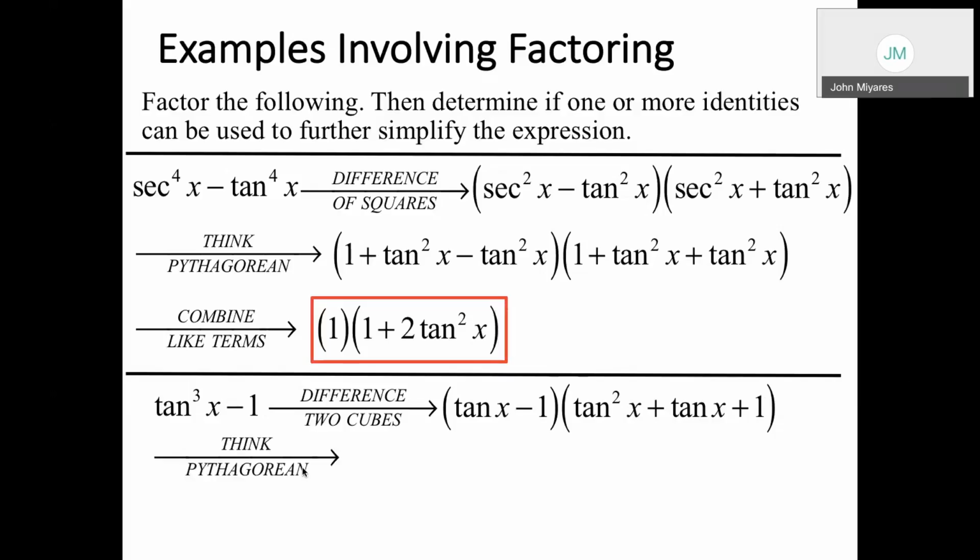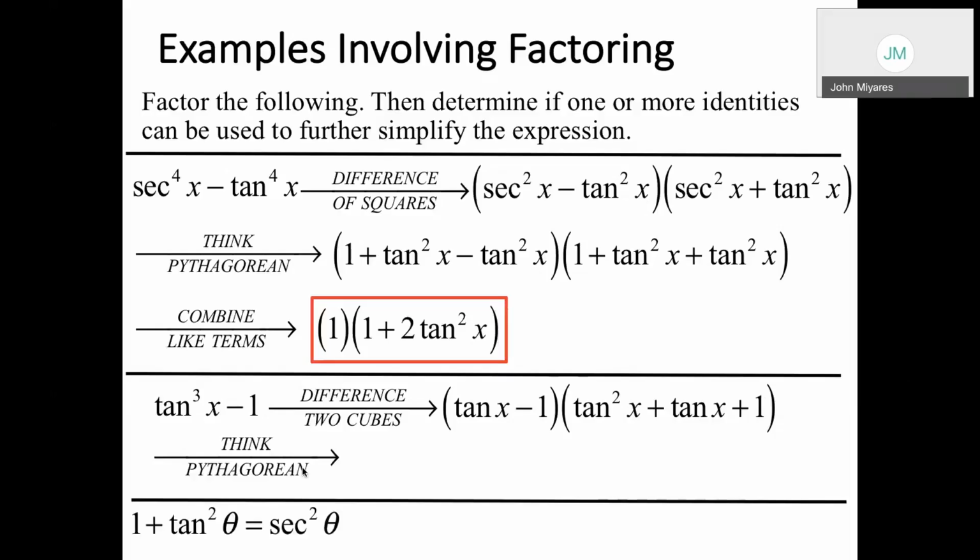Next, we can think Pythagorean just like we did in the last example where we substituted in 1 plus tangent squared theta equals secant squared theta, which could also look like tangent squared theta equals secant squared theta minus 1, or secant squared theta minus tangent squared theta equals 1.